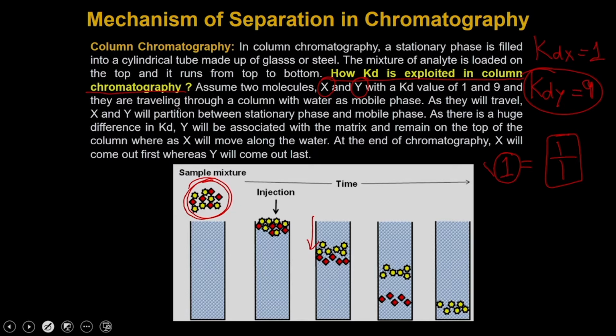As the sample runs through the column with water as the mobile phase, X and Y will partition between the stationary phase and the mobile phase. As there is a huge difference in Kd values, Y will always be associated with the matrix, the stationary phase, and remain on top of the column, whereas X will move along the water phase, because X has a lower Kd value.